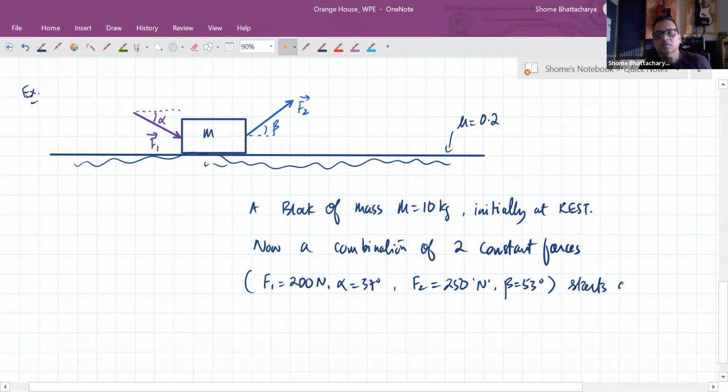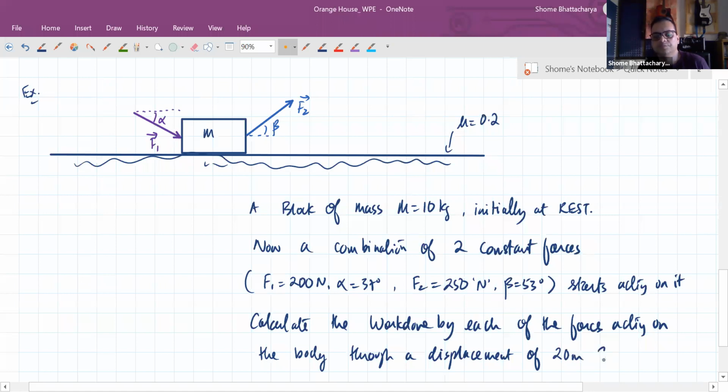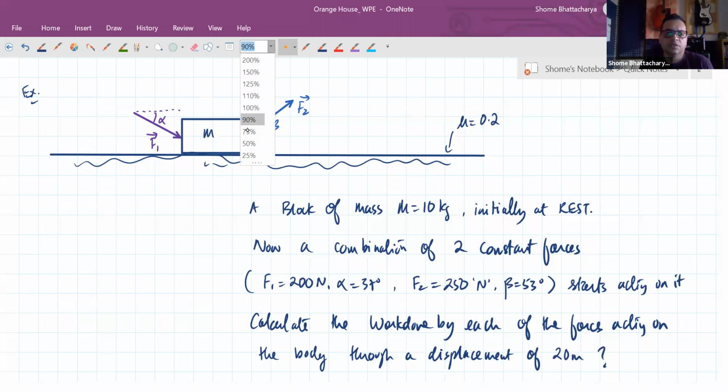Starts acting on it. So calculate the work done by each of the forces acting on the body through a displacement of 20 meters. So just work this question out quickly.